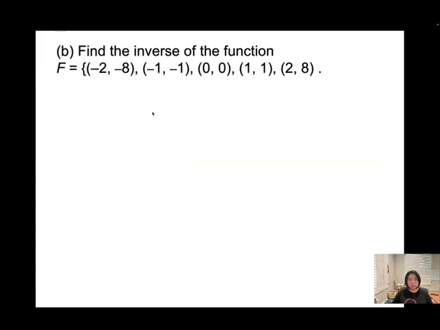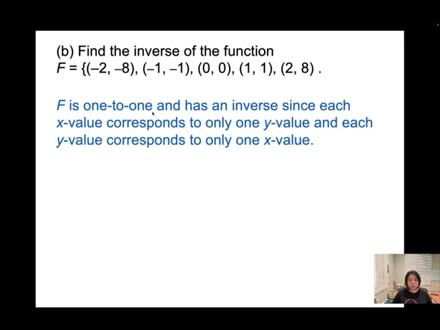Okay, try this one. Find the inverse of the function. First, make sure this is a one-to-one function. Each x value corresponds to only one y value, right? So this is good. And each y value corresponds to only one x value. So this is a one-to-one function, and now we can find the inverse. How can you find the inverse function?